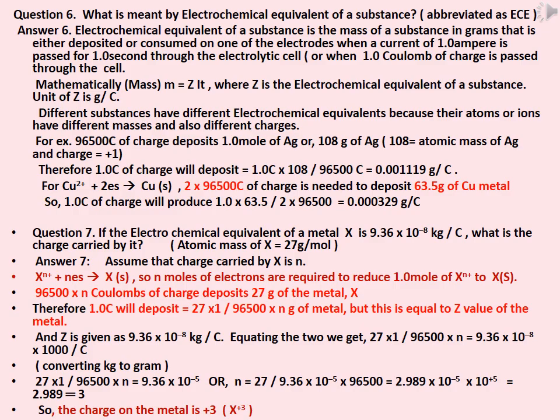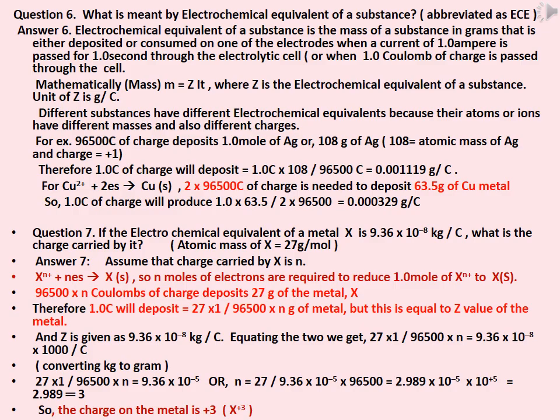So, the definition can be altered as: electrochemical equivalent of a substance is the mass of a substance in grams that is either deposited or consumed on one of the electrodes when a current of 1 coulomb is passed through the electrolytic cell. So both definitions are accepted.